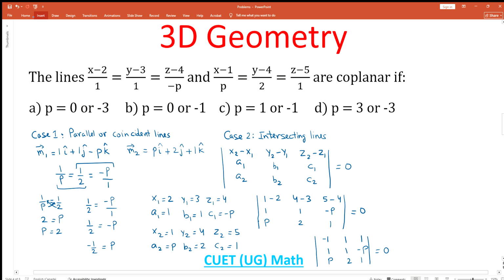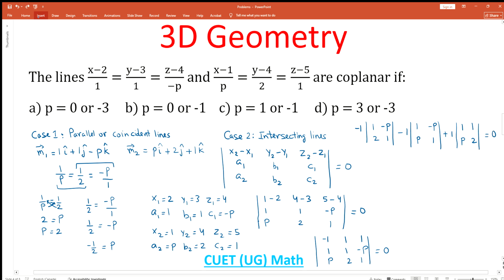Now we can solve this determinant using the elements in the first row. I get negative 1 times the 2 by 2 determinant (1, negative p; 2, 1), minus 1, the second element in the first row, times the 2 by 2 determinant (1, negative p; p, 1), plus the third element, 1, times the determinant (1, 1; p, 2), equals 0.